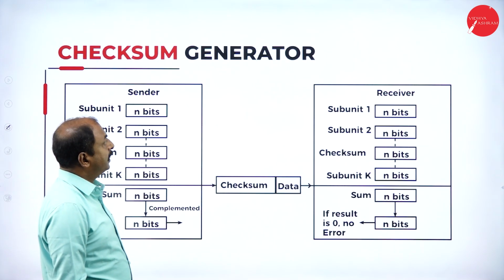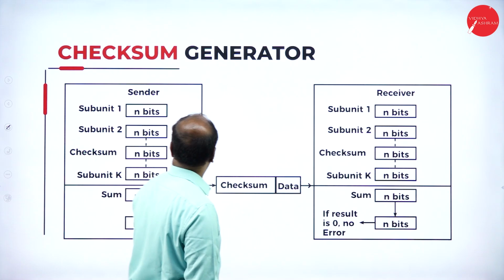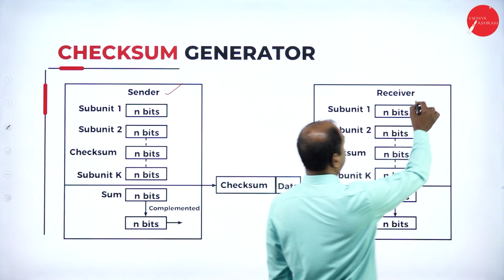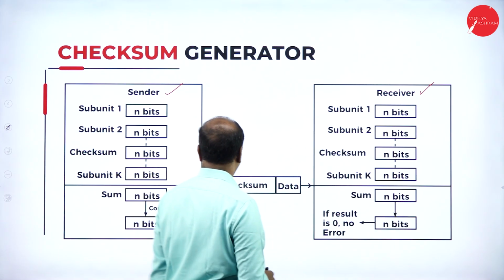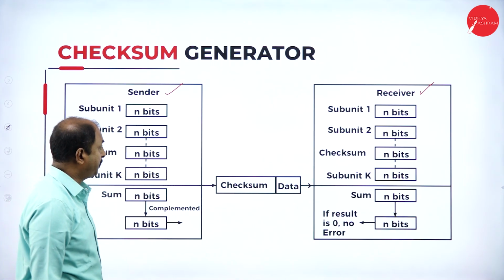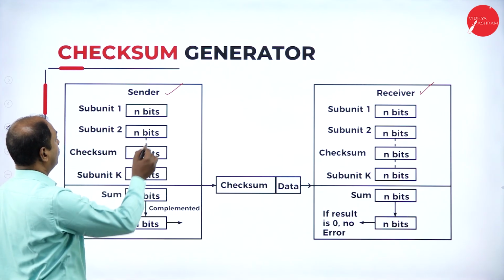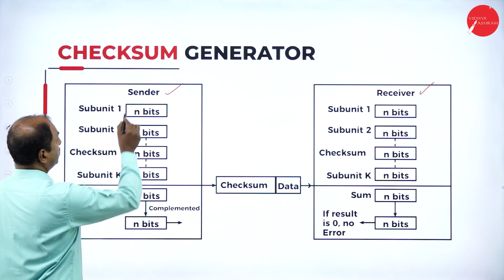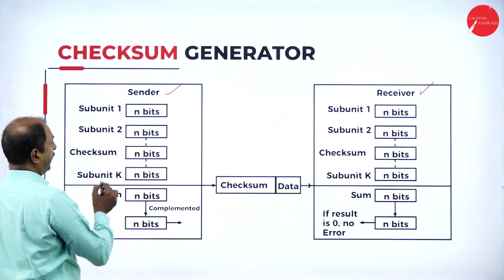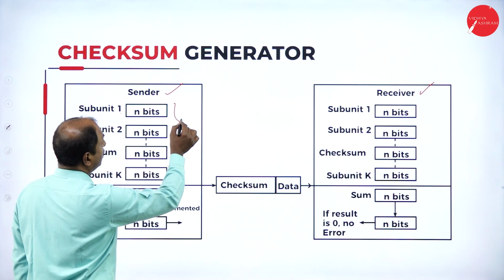Next, now look at the diagram here. This is the sender and this is the receiver, and between them is the data transmission. Here in this example, the subunit 1, 2, these are called sections.